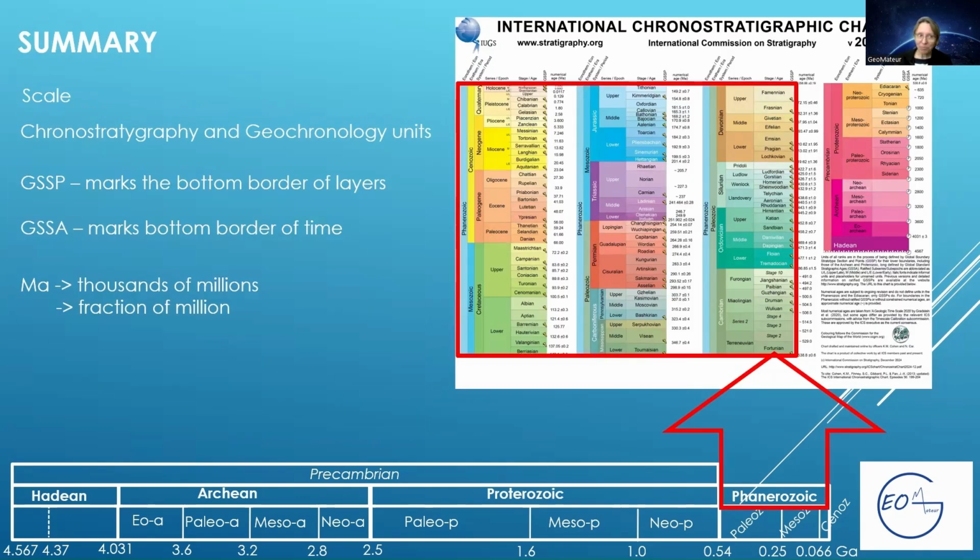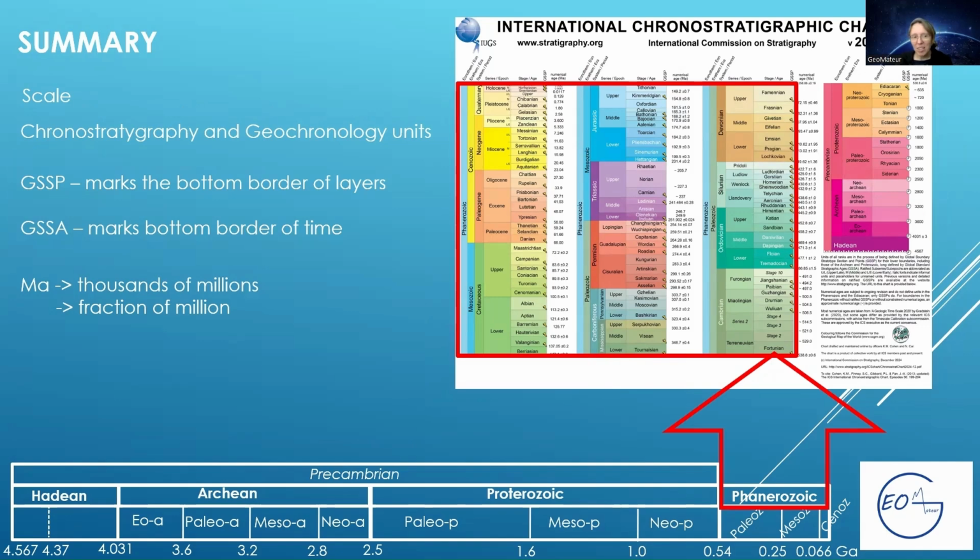Summarizing. This chart is not to scale. You remember, the big box represents only the last roughly 500 million years. This chart represents chronostratigraphy and geochronology units. GSSP marks the bottom border of layers.